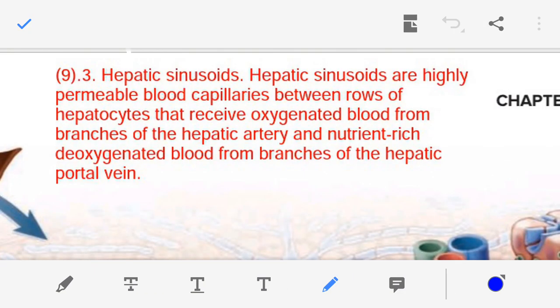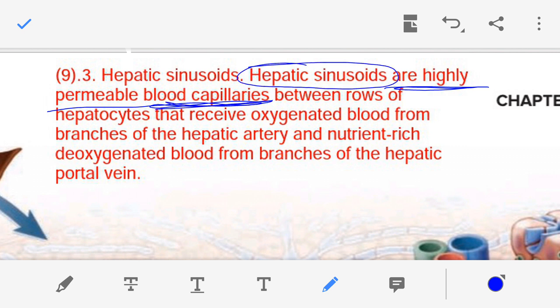Hepatic sinusoids are highly permeable blood capillaries. They are present between rows of hepatocytes. In between the hepatocytes, blood capillaries are present, and these blood capillaries are known as the hepatic sinusoid.